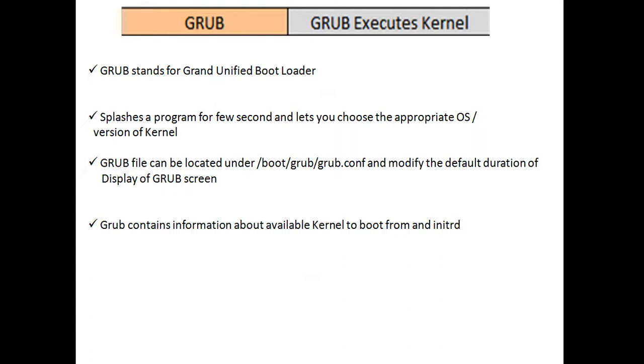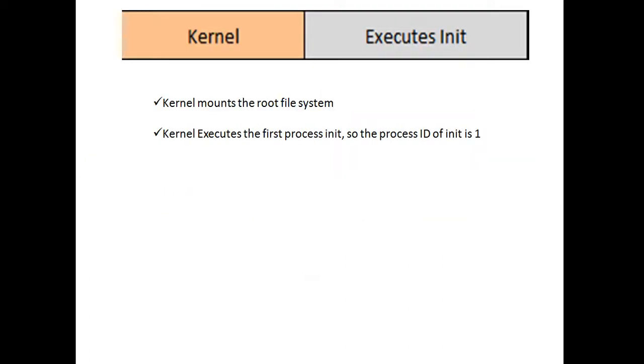Initrd stands for initial RAM disk, and it loads kernel modules into the kernel using the insmod tool. Once the kernel is loaded, the kernel takes control of the booting process and mounts the root file system.